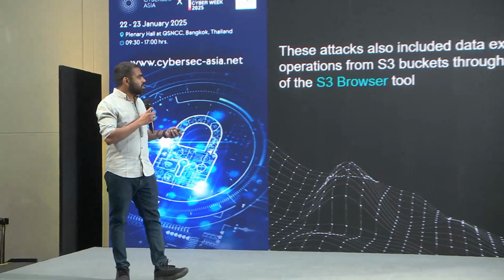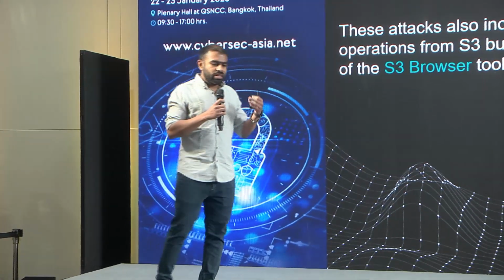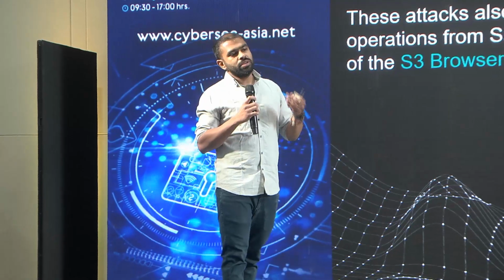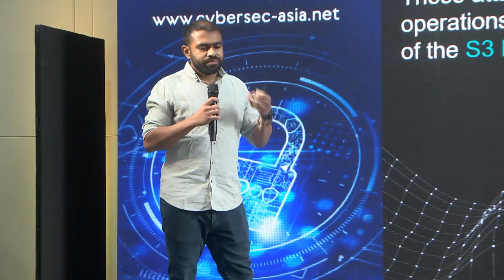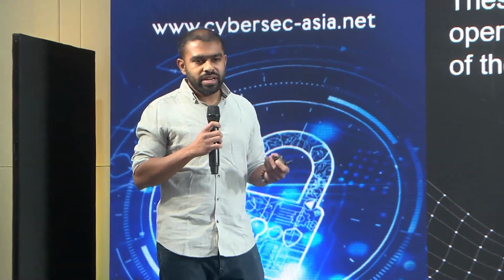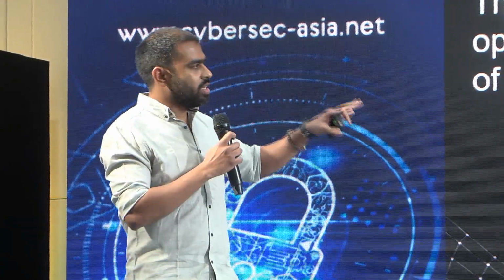Next, we could see that the attackers have used the S3 Browser tool for downloading the data, viewing the data, and also performing some other operations on it. When we use the S3 Browser tool, these are some of the S3 APIs that get executed in the backend.